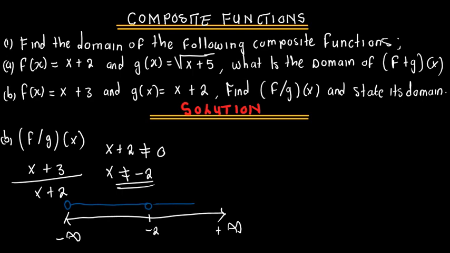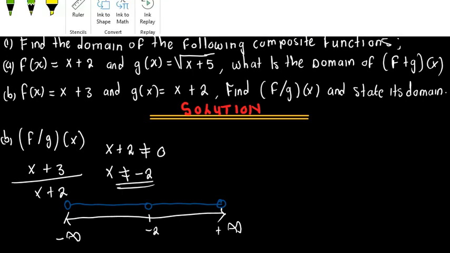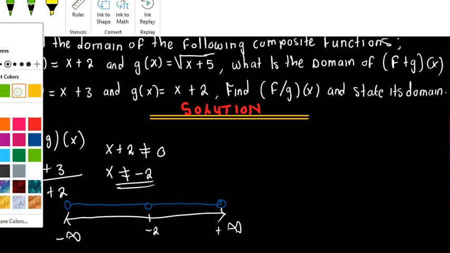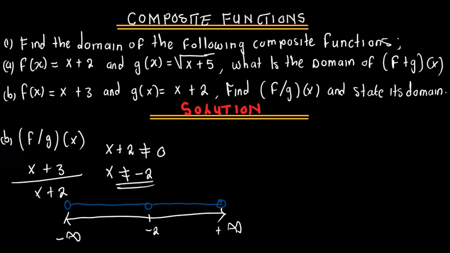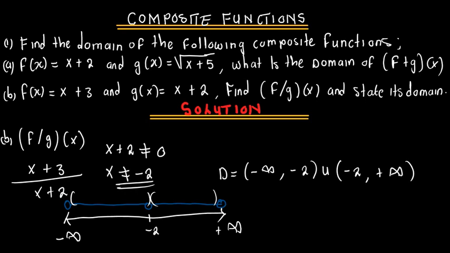Then it will proceed all the way to positive infinity. So therefore the domain for this particular function is going to come from negative infinity to negative 2 with these brackets, the union of negative 2 all the way to positive infinity. So this is just how you solve this particular question.